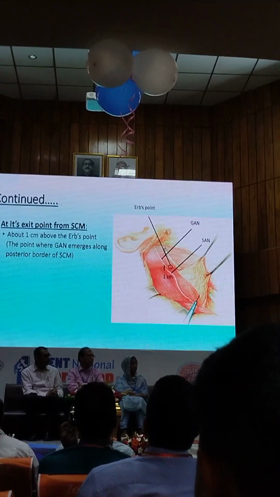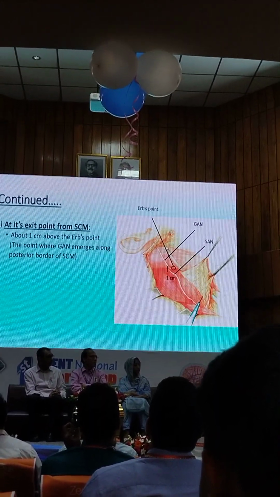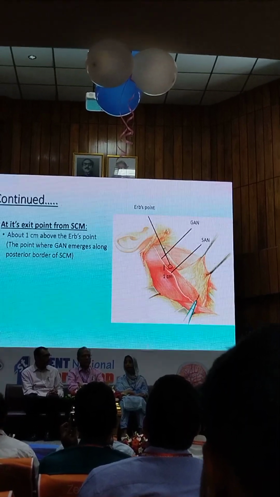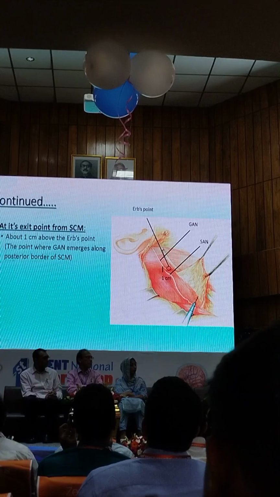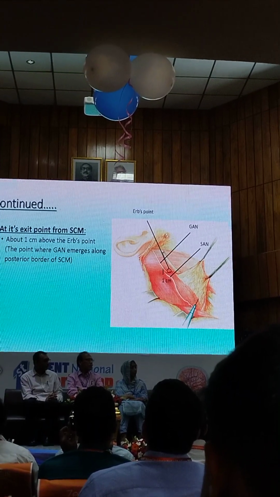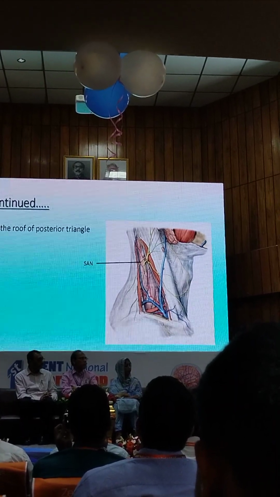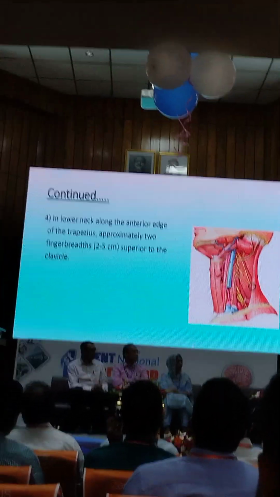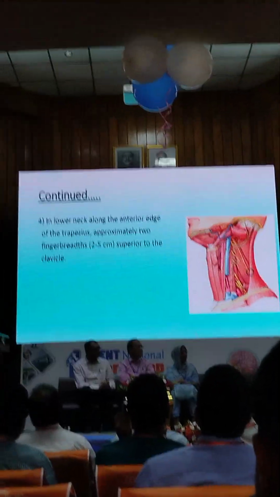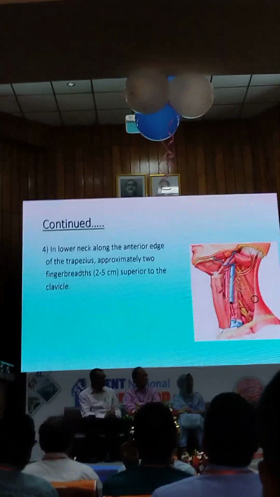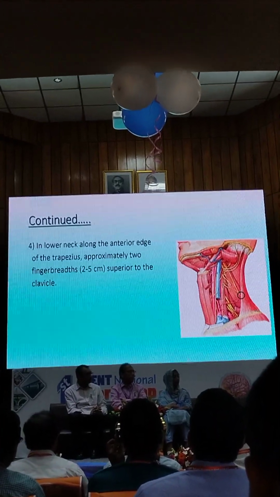The exit point is about 1 centimeter above the arch point, the point where the great auricular nerve emerges along the posterior border of the sternocleidomastoid muscle. Also in the roof of the posterior triangle and in the lower neck, at the anterior border of the trapezius, about 2 to 5 centimeters superior to the clavicle.